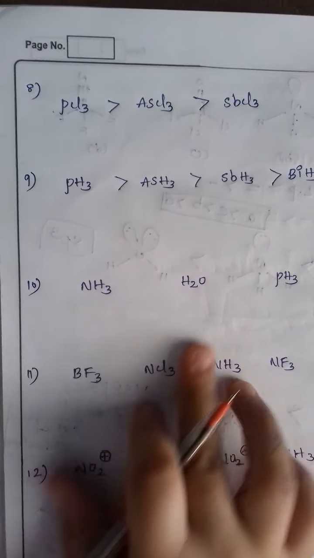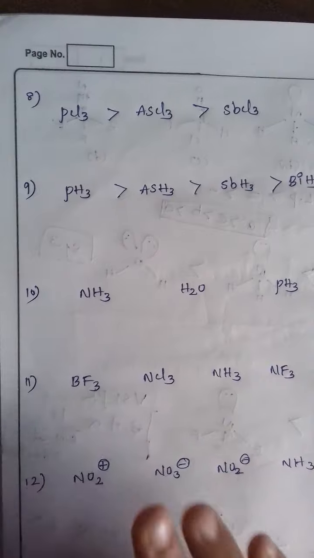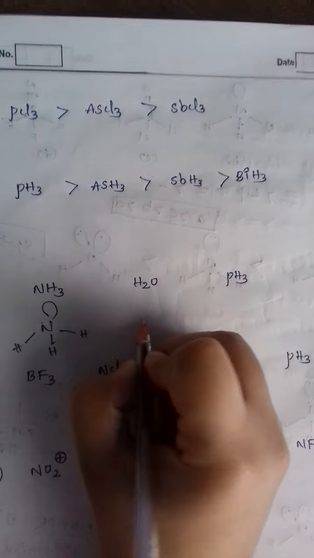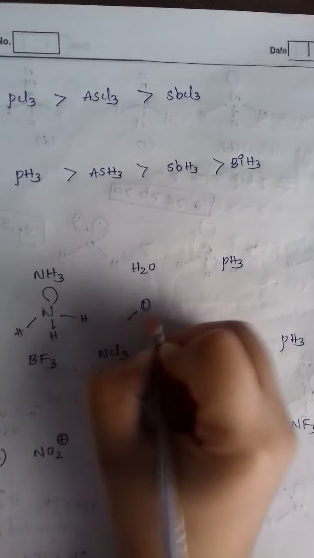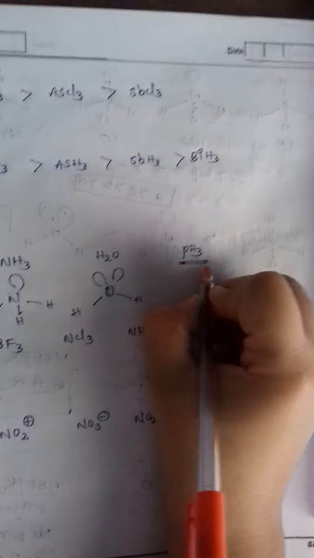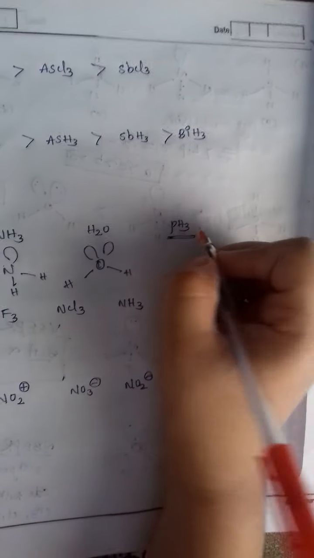Now this one. I have already told you to always draw the structure first so that you can easily understand. Here you know its structure will be this. Here there are 2 lone pairs, and this is a Drago compound, which means there will be no hybridization.